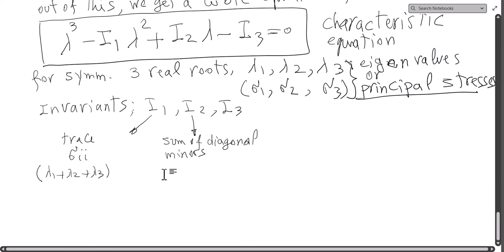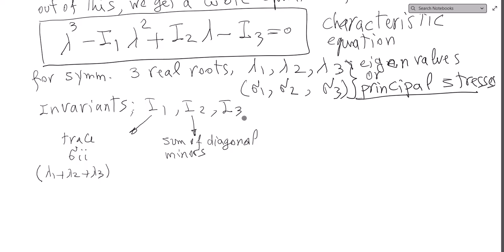So these are diagonal minors, and the third one is actually the determinant of sigma ij.